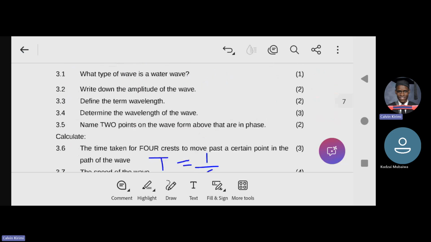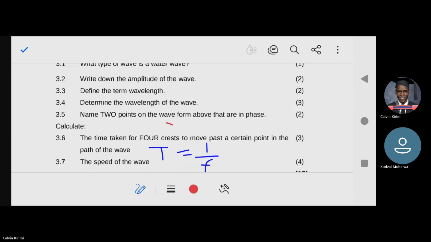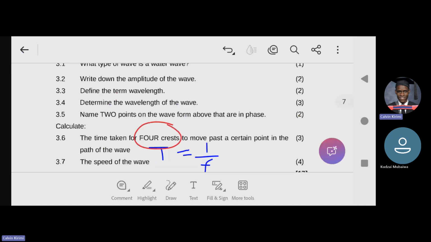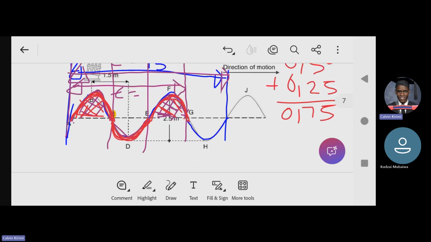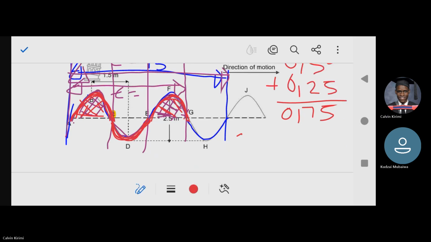And here the question is saying, you have to complete how many crests? 4. So what are you going to do to the 2? For 2 crests, you are spending how many seconds? 0.75 seconds. So for 4 crests, how many seconds am I going to spend?